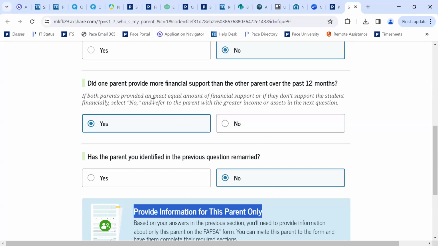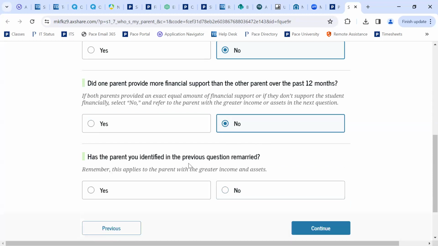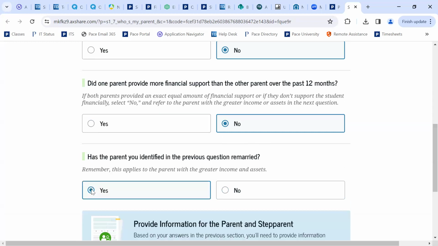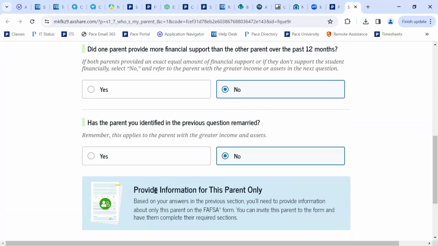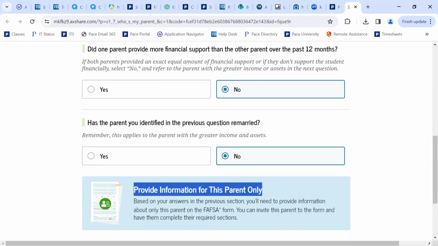If the answer to the question of whether or not one parent provided more financial support than the other is no, when you select no, you'll get the same pop-up question if that parent that you identified in the previous question was remarried, and if the answer is yes, then you provide the information for the parent and step parent. If the answer is no, then provide the information for just that parent.